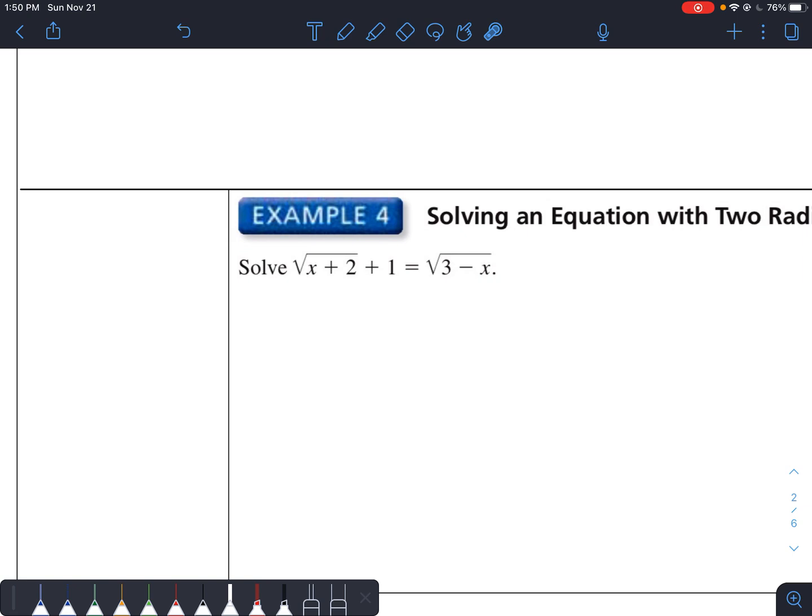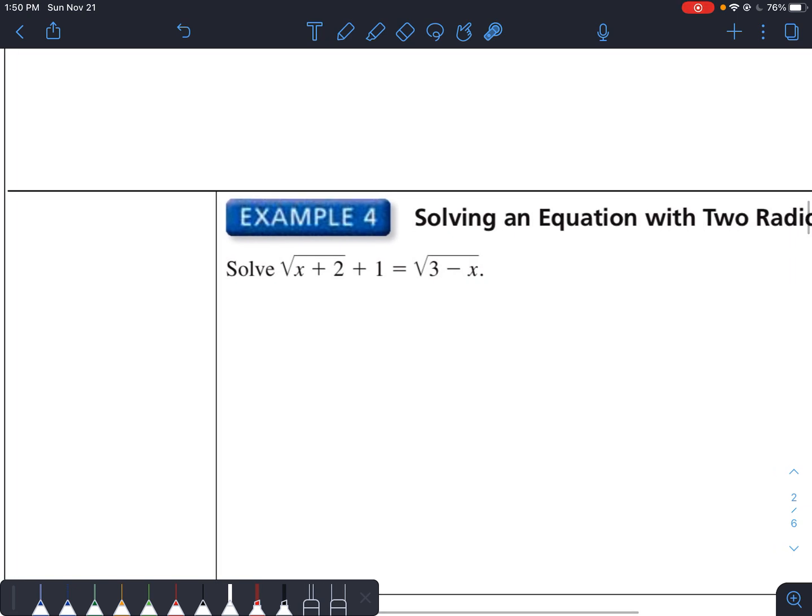So we kind of have to just deal with it and see what happens. I could subtract the 1 over here, but it would be the same thing. I would have almost the exact same kind of expression on both sides. So since we don't have that, let's go ahead and just square both sides anyways.